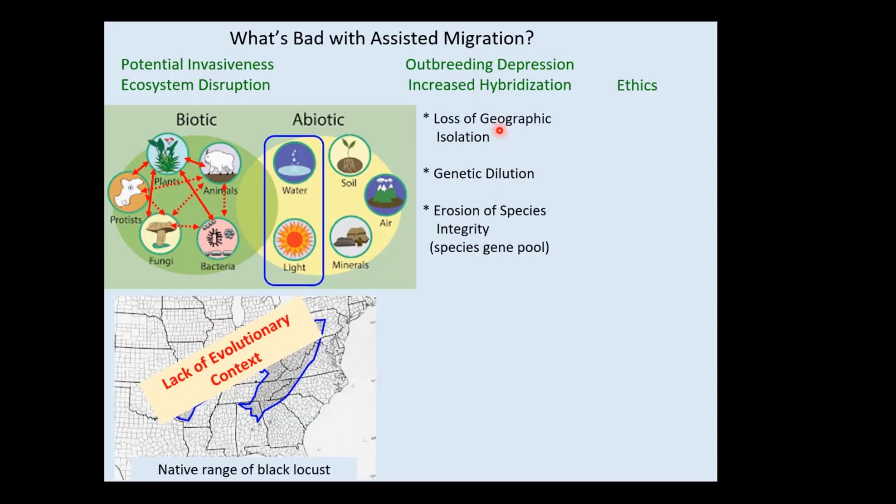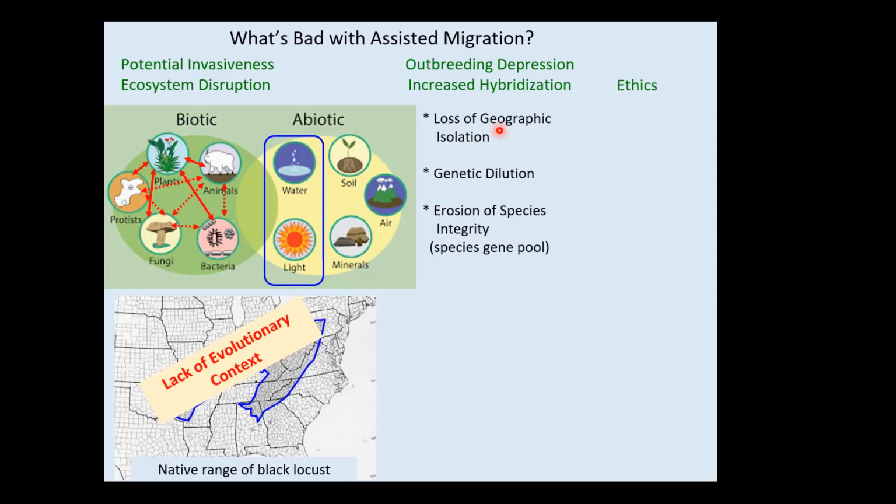When you move them this far, you could be moving a species A into the range of another species of the same genus. Under nature, they would never mate because they were too far apart. But now you've moved them into the same range, and now they can mate.